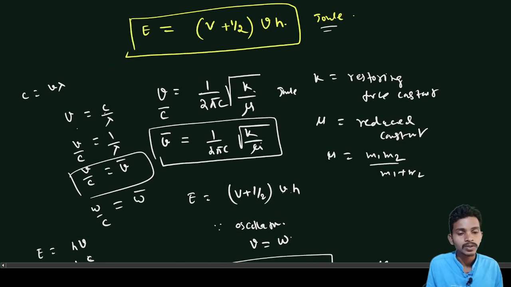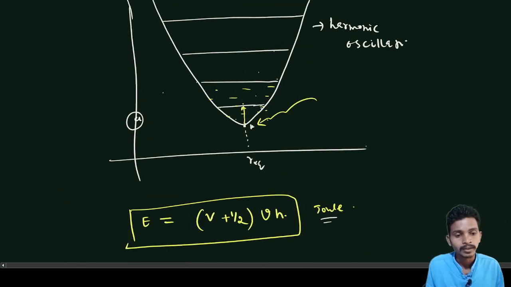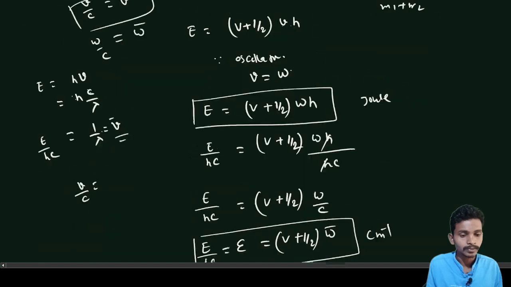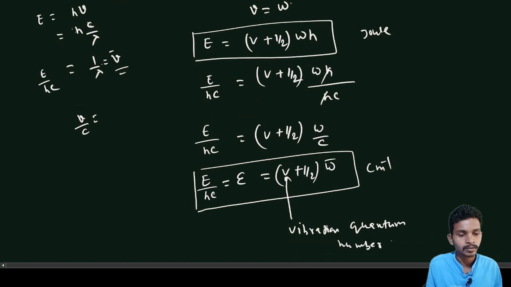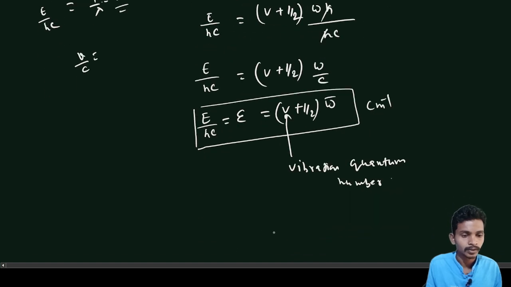So these equations we use to derive the energy levels, where v is the vibrational quantum number. And this omega naught we know is 1 upon 2 pi c times the square root of k by mu, in centimeter inverse.